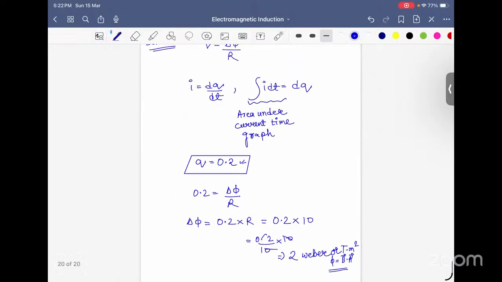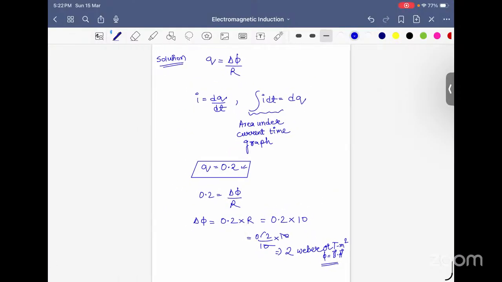Please note this solution down fast, I minimized it.